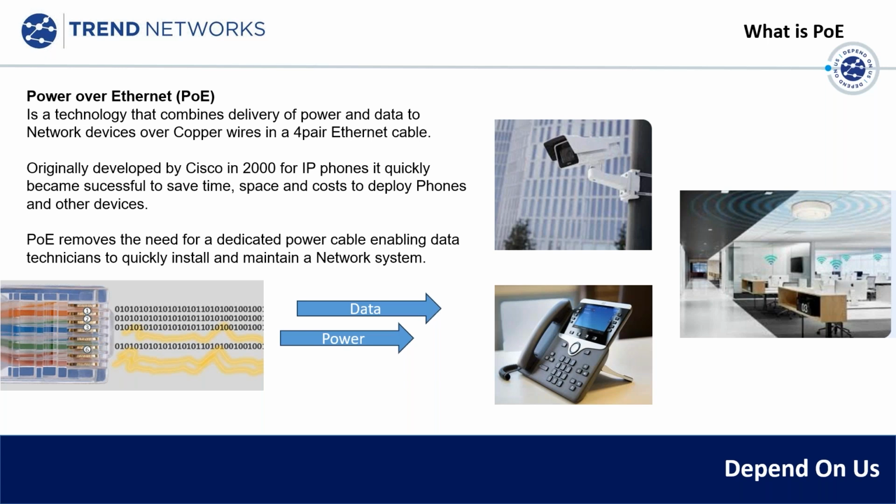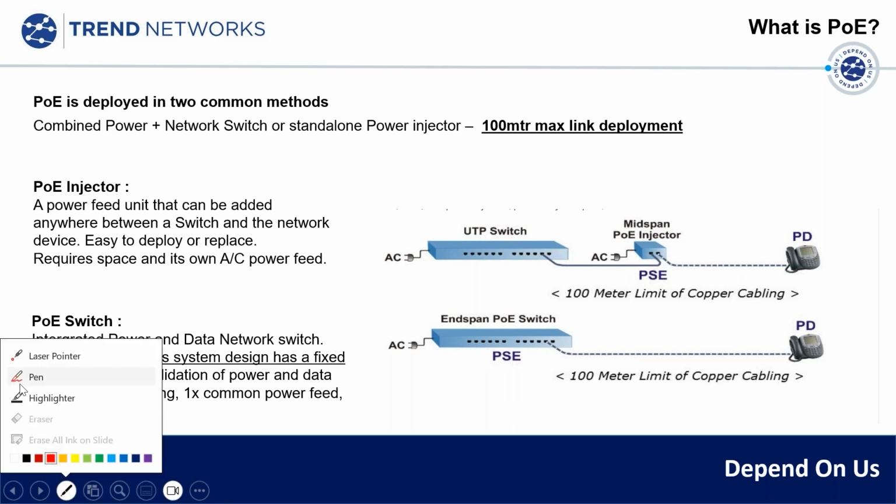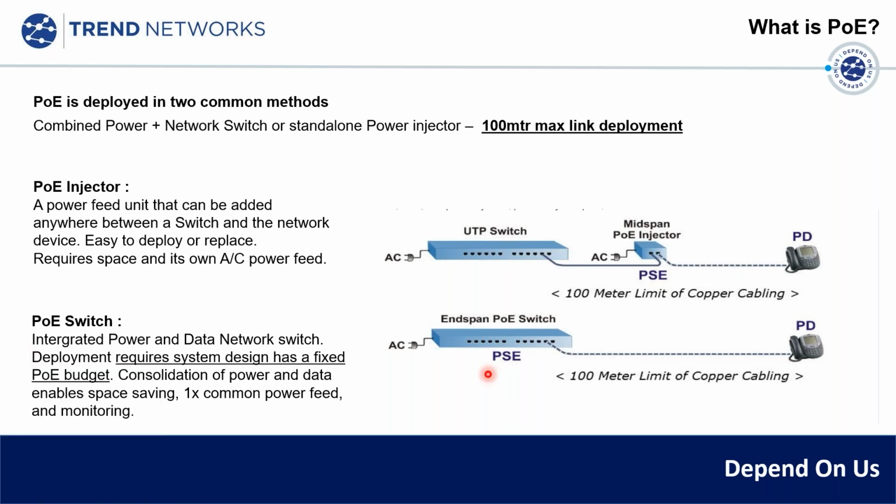So it's a combination of power and data. PoE is deployed in two common methods commercially. Typically, a PoE switch, which is a combination of data and power, and then the device at the end. Or it may just be a standard data network switch where you can add an injector. So let me just get a pointer on that to help us through this slide.